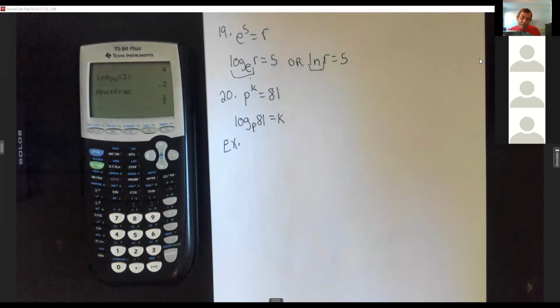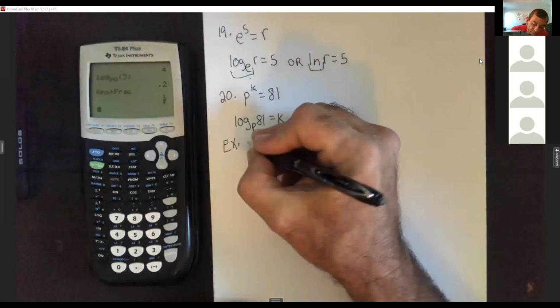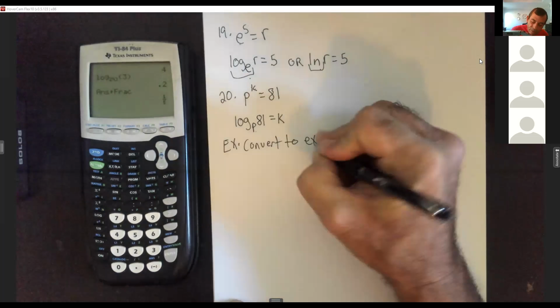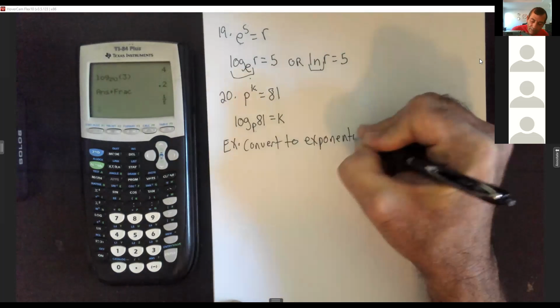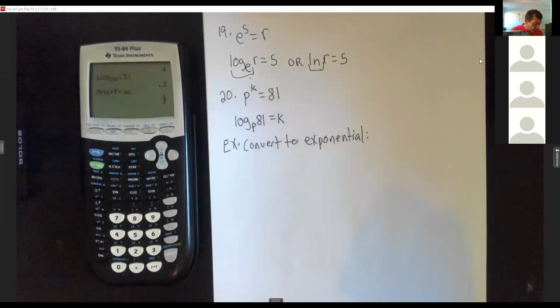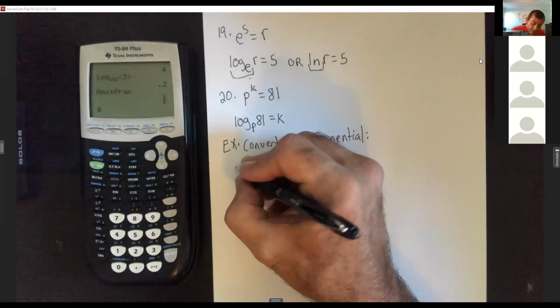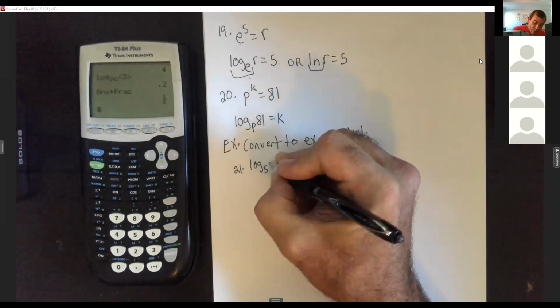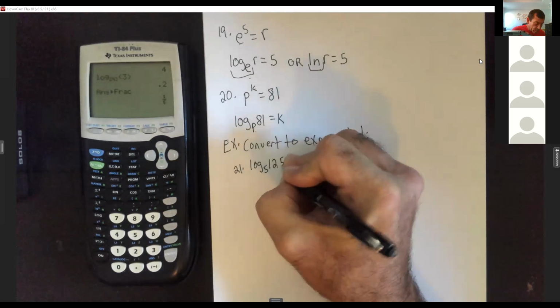So, all right, that we converted to logarithmic. Now they want us to convert to exponential. So this one is like 21. Log base 5 of 125 equals 3.